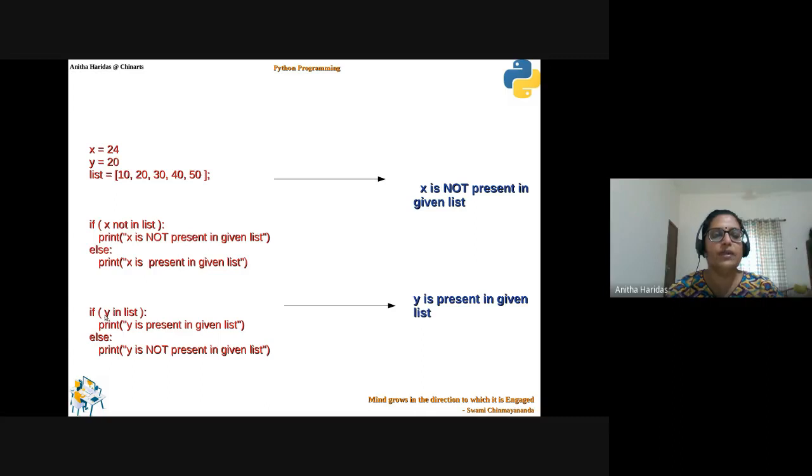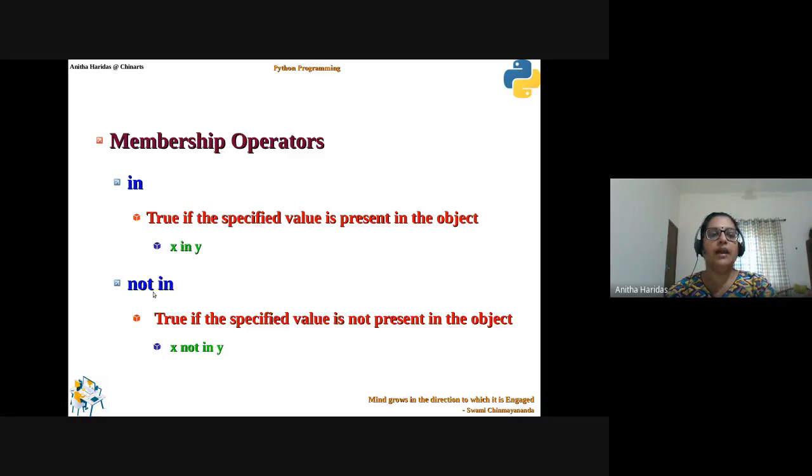So it checks whether y in the list. List is the variable, or it is a list object. Y value is 20. So it checks whether 20 is available in this particular object, right? So obviously 20 is available in this particular object. So it says y is present in the given list. Okay. So these are some simple examples that you can have for the membership operators in and not in.